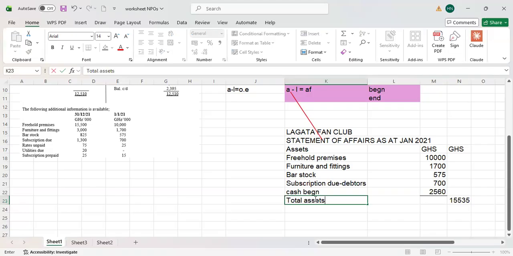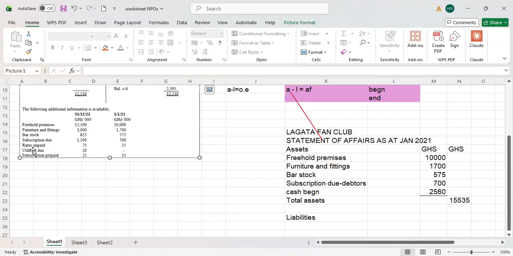Then I go to my liabilities. How do I find my liabilities? I have three here: rates unpaid, utilities due. Remember the other names for due: unpaid, owing, outstanding. Subscriptions prepaid are also liabilities. They are paid in advance.